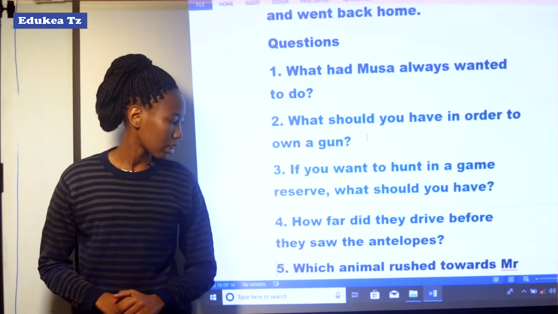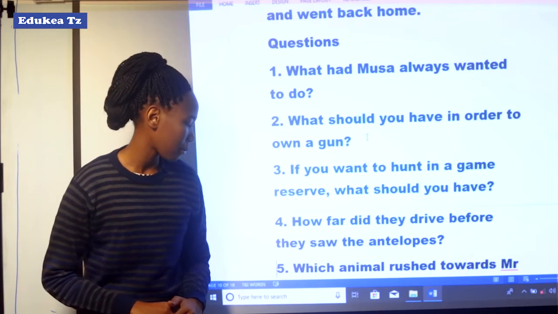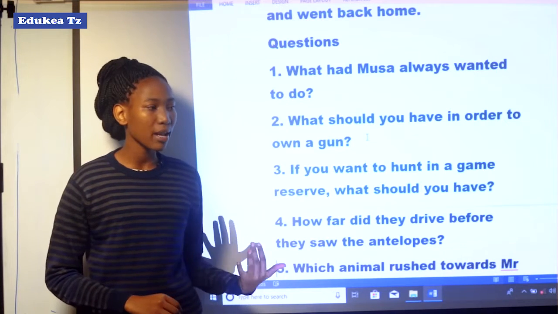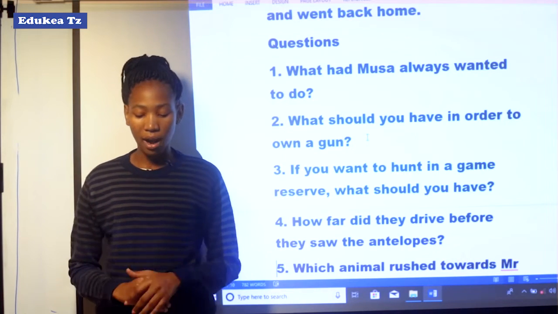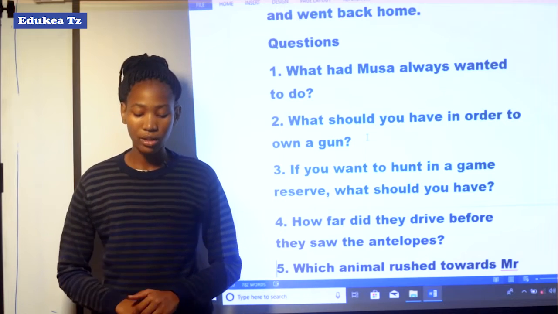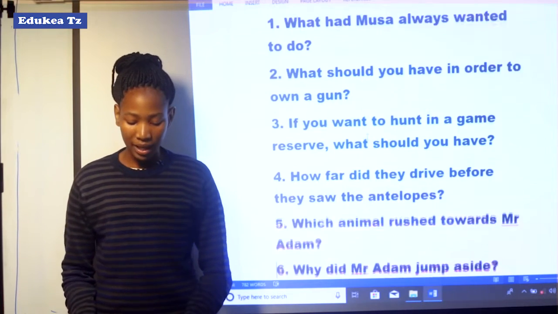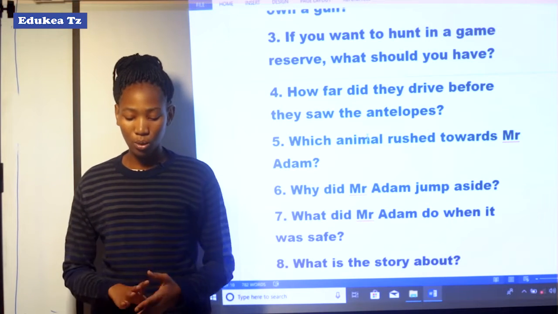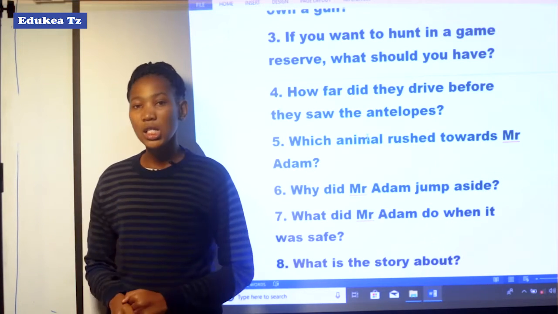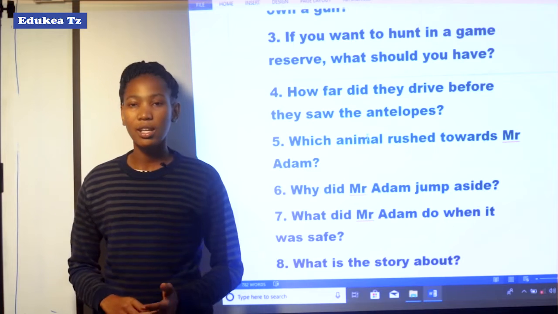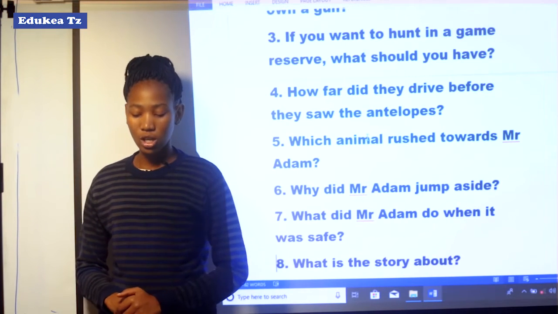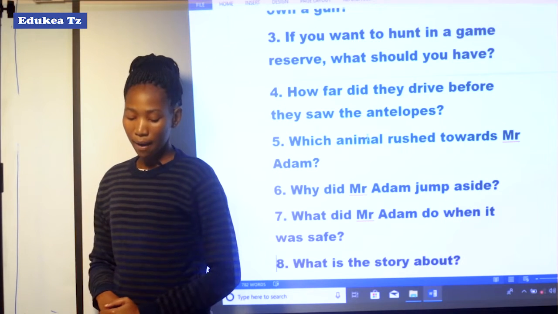Another question is, how far did they drive before they saw the antelope? In this question we should write how far they drove before they saw the antelope. And another question is, which animal rushed toward Mr. Adam? In this question we should write the name of the animal which rushed toward Mr. Adam.